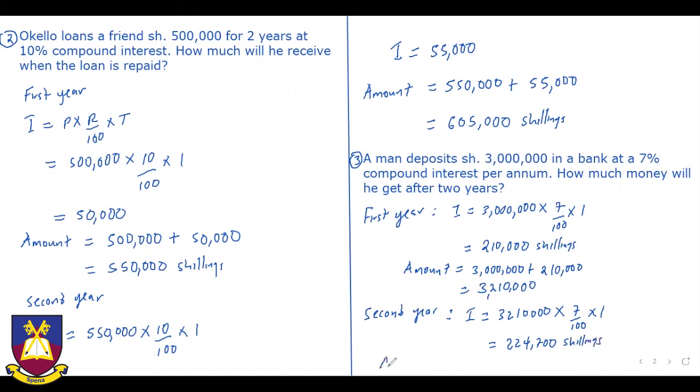So the amount at the end of the second year, the one he will receive, will be the principal, which is now 3,210,000, plus the interest, 224,700, and this will give us 3,434,700 shillings.